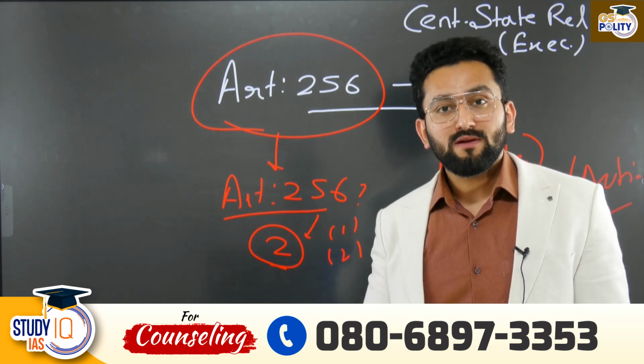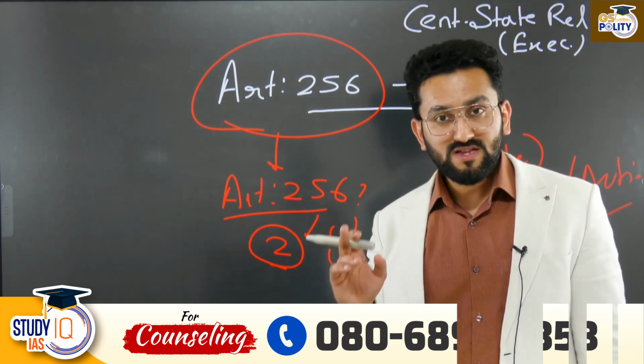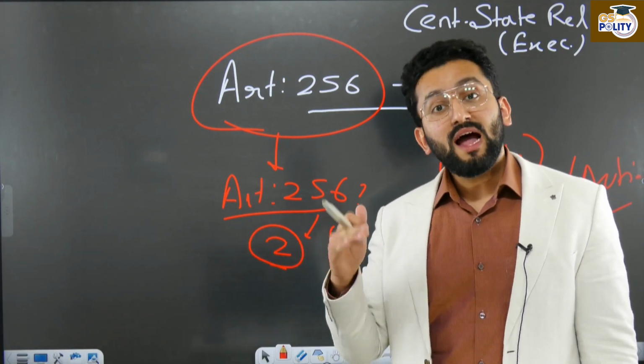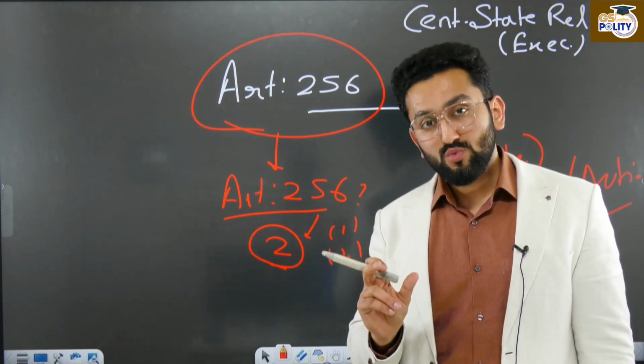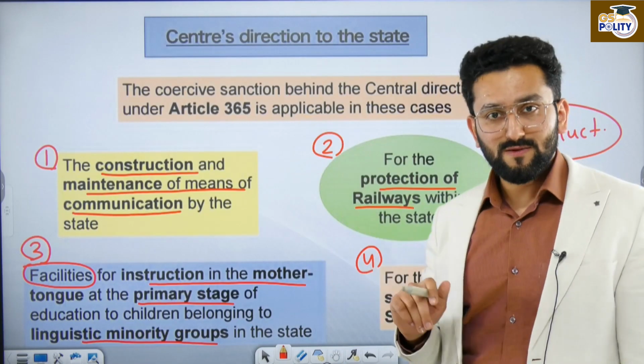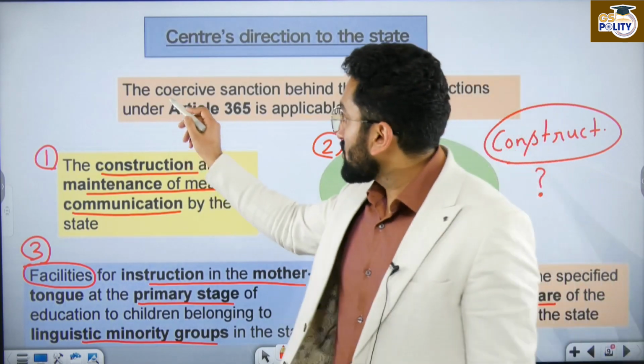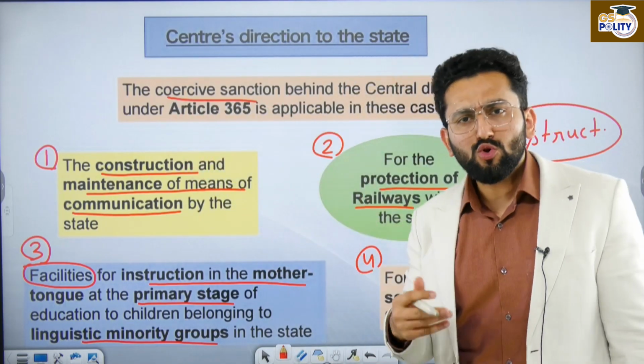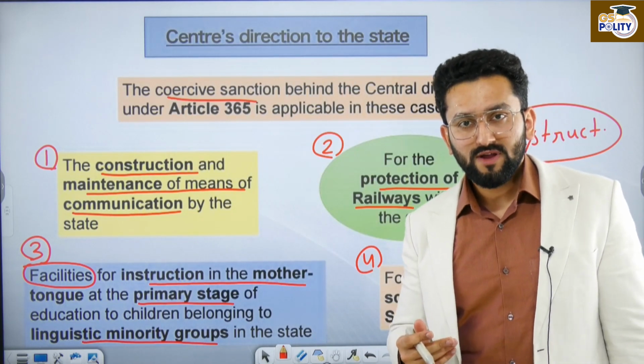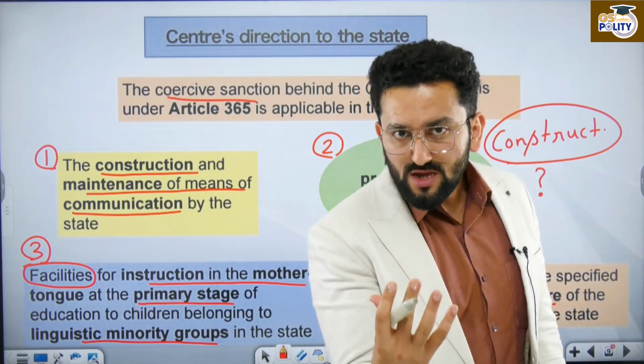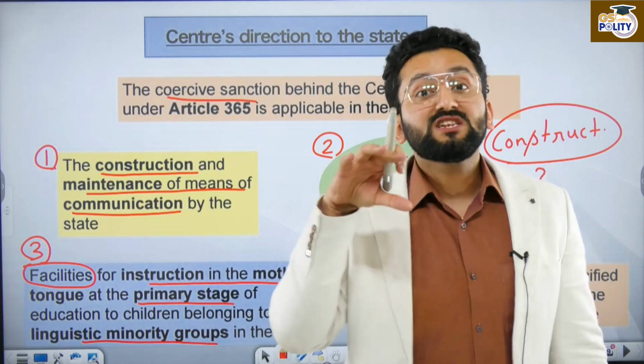But this power is mentioned in Article 356, constitutional machinery part, and clearly with respect to this direction word is mentioned in Article 356. Now we are using the word coercive sanction. What is coercive? It means that you don't want something, but still that thing is being done with you.